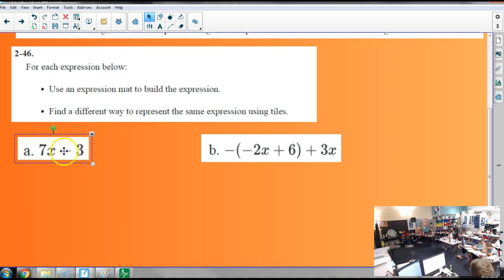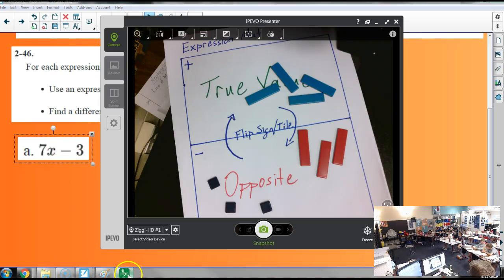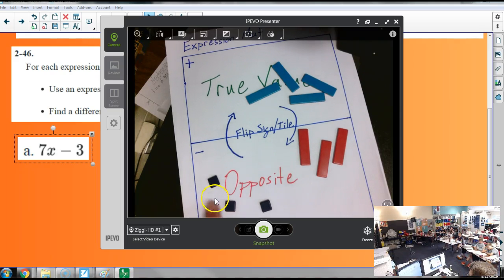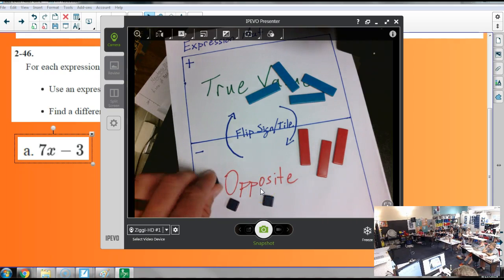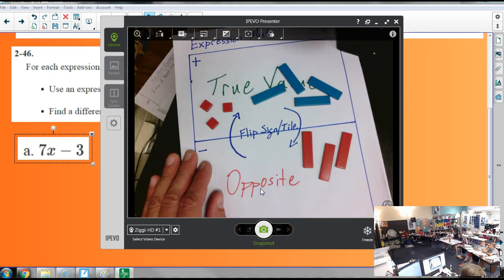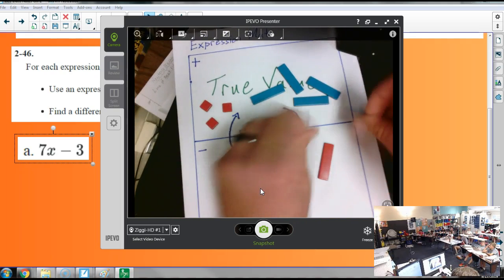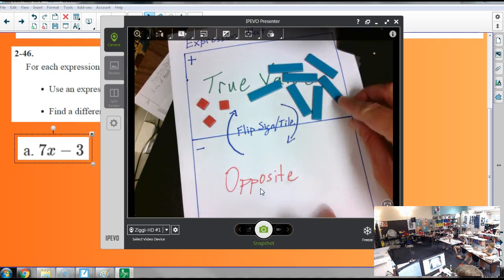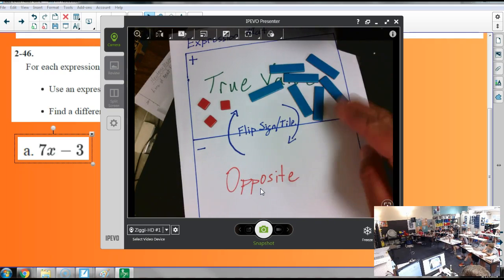So I don't actually know if I can take away 3. So instead, when we use our expression mats to build these things, we actually add on 3 tiles, either positive tiles in the opposite land or negative tiles up in the true value area. And then I could have my 7x's together, or I could split them up by flipping as we cross the line.